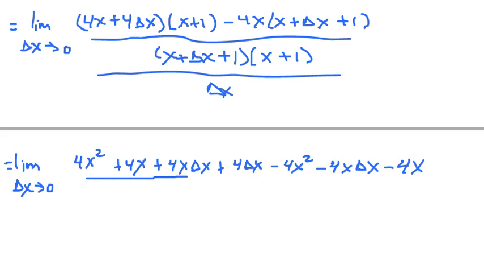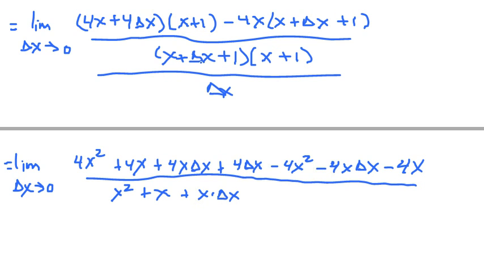Anyway, but let's just go ahead and do this guy right here, a lovely thing. Okay, so we have x times x is x squared, and then we have x times 1 plus x, and then delta x times x is x times delta x, and then delta x times 1 is delta x, and then let's see, 1 times x is x, and then 1 times 1 is 1.